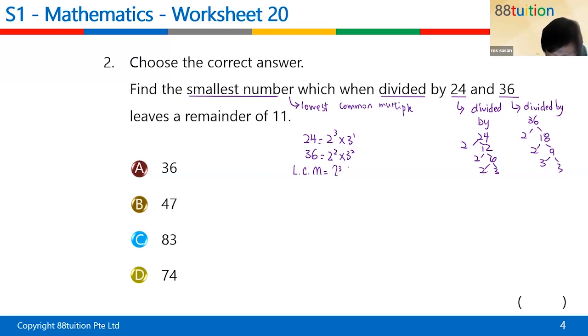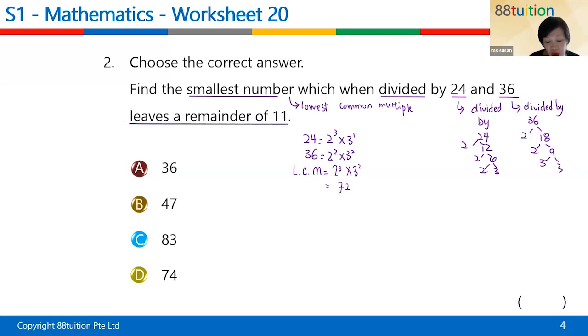So the highest power is 2 to the power of 3 and 3 to the power of 2, which is 8 times 9. That gives you 72, right?